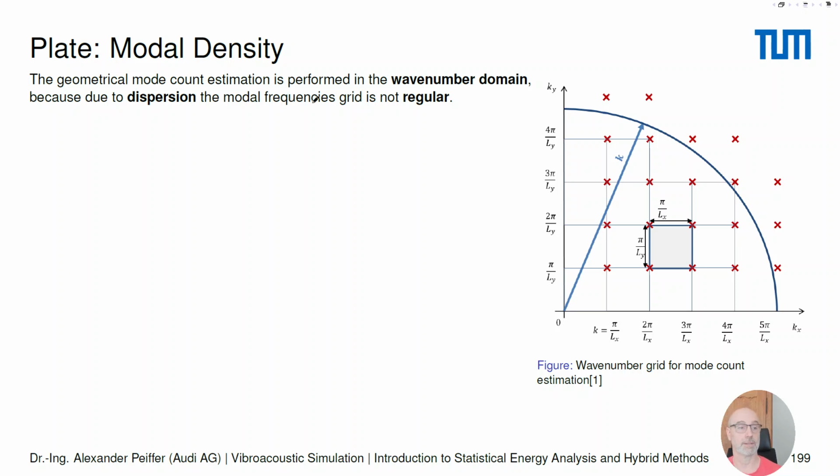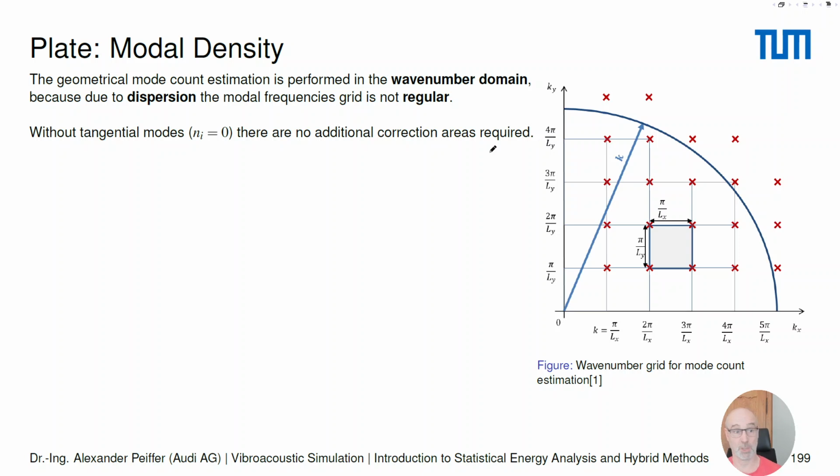However, due to the fact that we have dispersion, we cannot take the frequency axis anymore. We have to rely on the wave number axis k because the modes are regular there. We would not have a regular grid if we would use the frequency axis here.